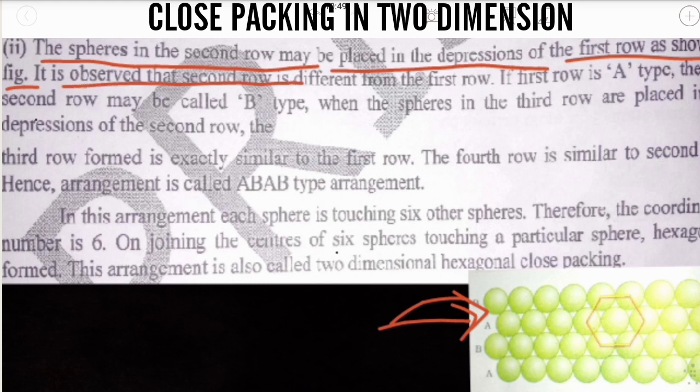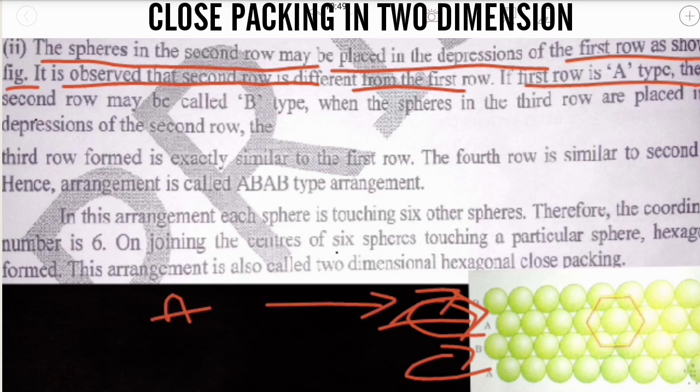The second row is different from the first row, and the fourth row is different from the third row. If the first row is A type, then the second will be B type.